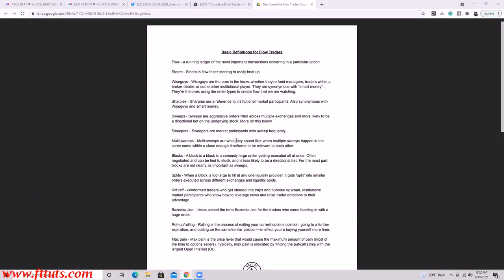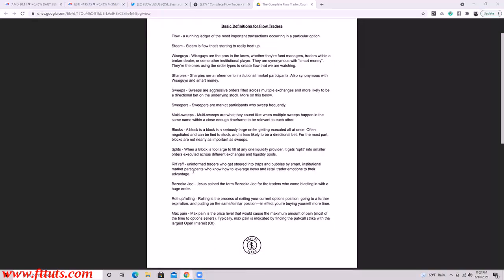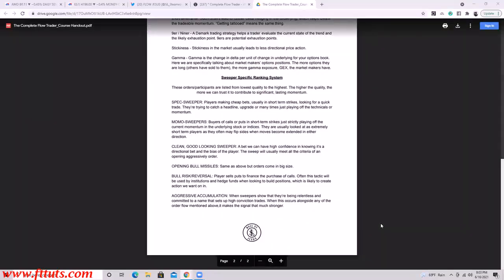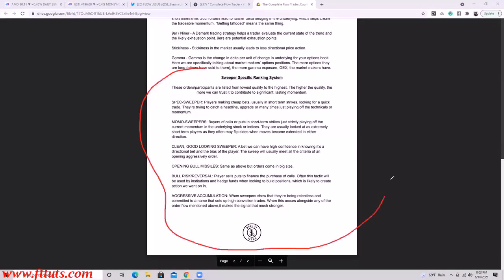Okay. So this is why we're going to, that's not the only reason, but this is why we're going to do a little digging into what some of the different types of sweeps mean, so you understand what may be actionable for you. All right. So let's start with this.